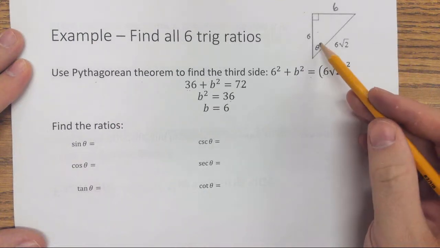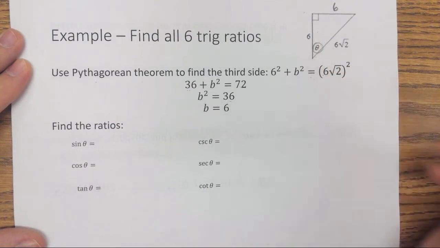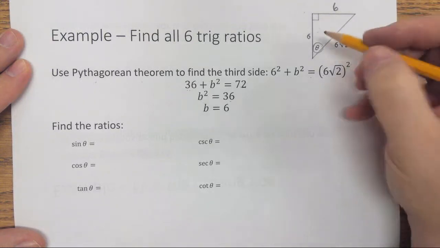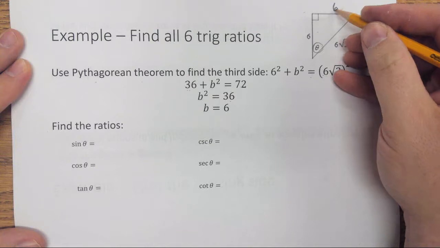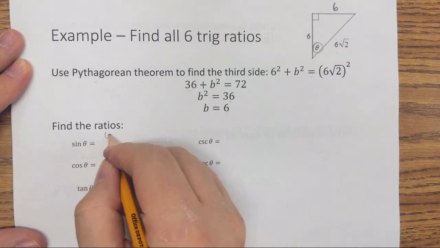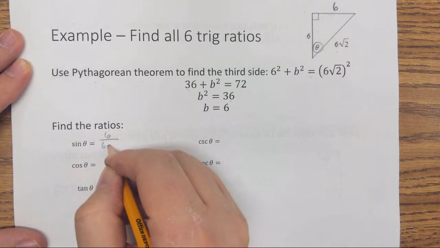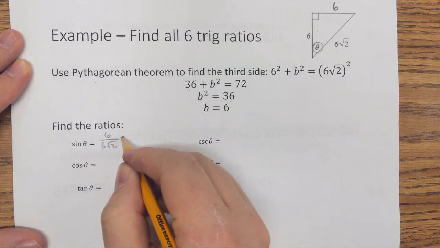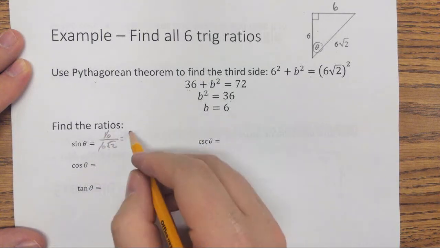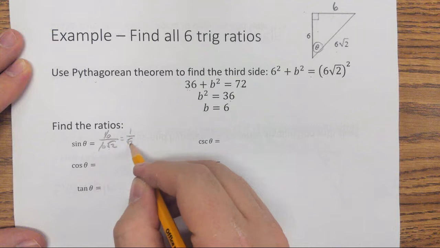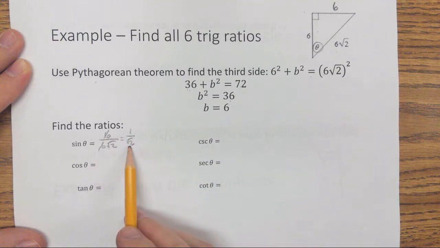for theta. So here's theta, right there. Remember, sine is opposite over the hypotenuse. So this is 6 over 6 square root of 2. We need to simplify that. 6's go away. It's 1 over square root of 2. Can't have a square root in the bottom of our rational number, so we need to rationalize the denominator.